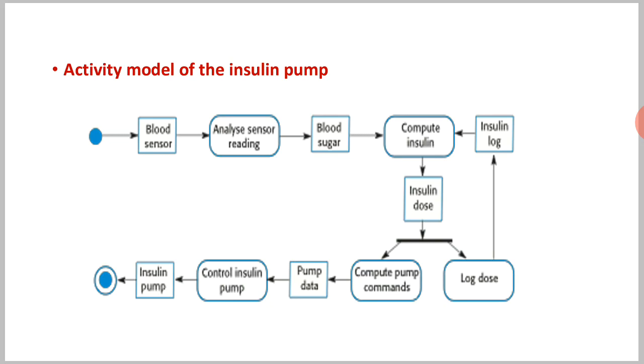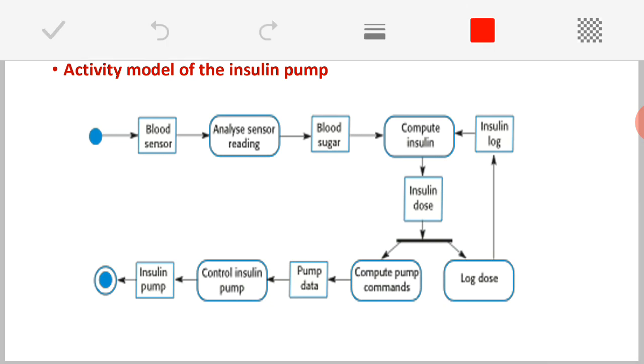In this diagram, just have a look here and try to understand the overall picture. Initially my blood sensor will start sensing the sugar level. The sensor collects the data of that sugar level.